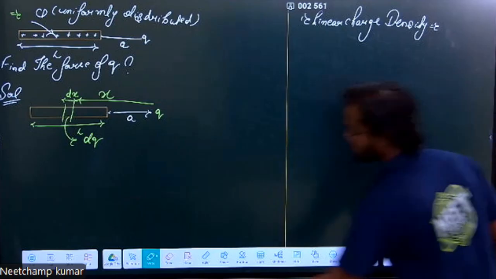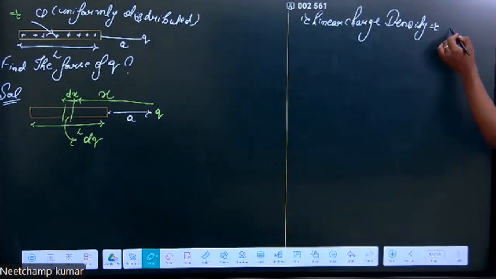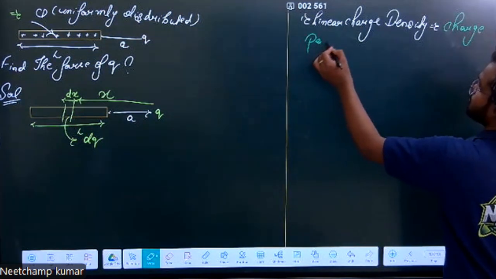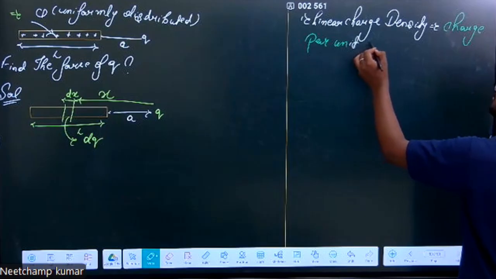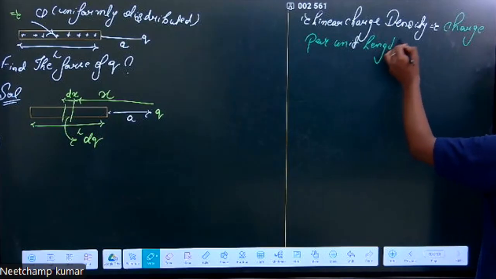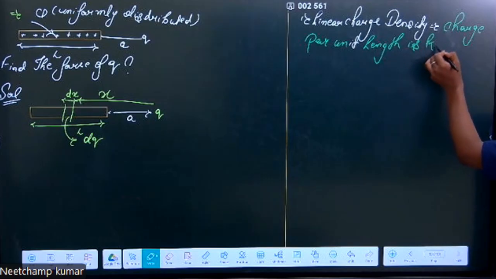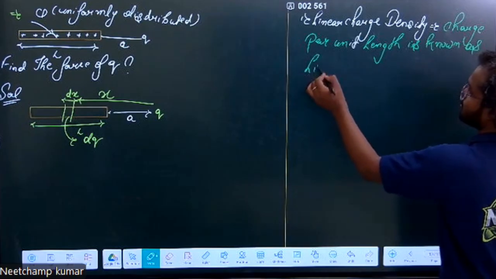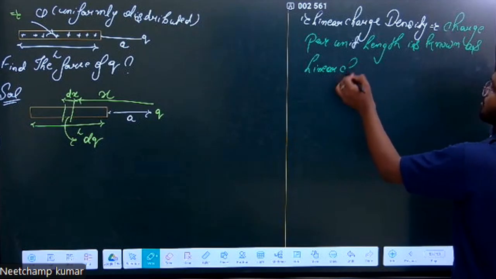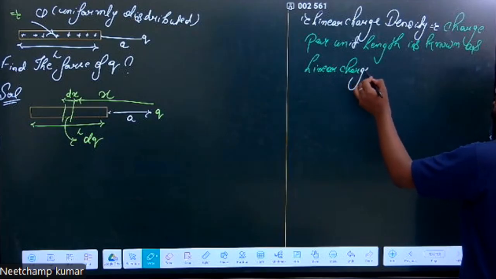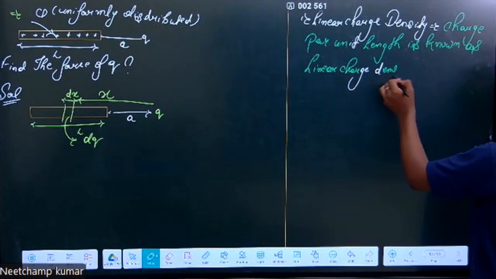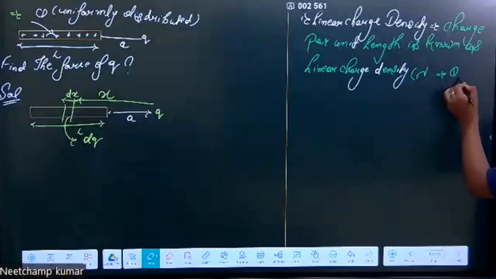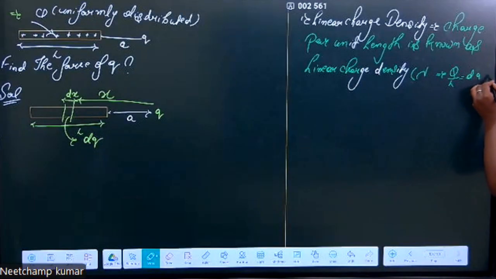Simply, charge per unit length is known as the linear charge density, and that is defined as lambda, which is equal to q by l, or you can say dq by dl.